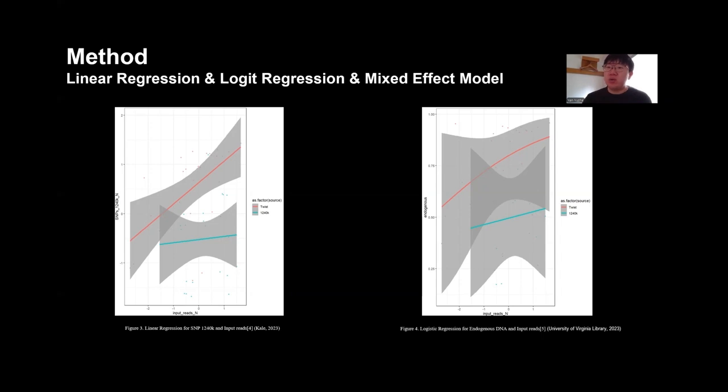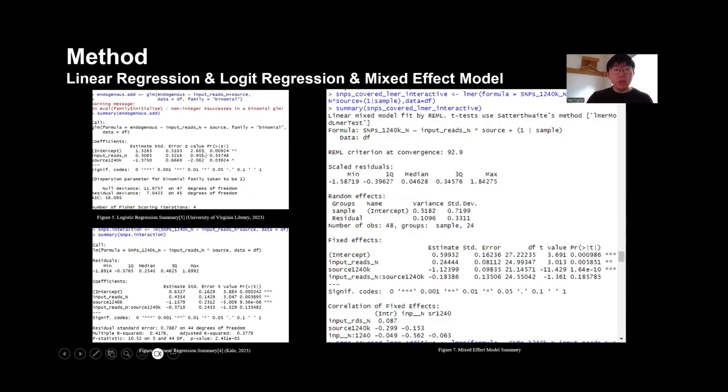Because we compared ratios from 0 to 1, we can see Twist has a higher ratio than the 1240K case. This one is the summary of the additive GLM function, the logistic regression. You can see it's not significant from the p-value here, but since we only need to compare those two methods from the endogenous side, it's pretty straightforward.